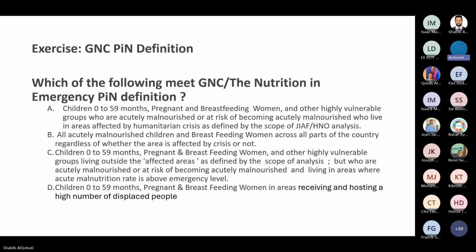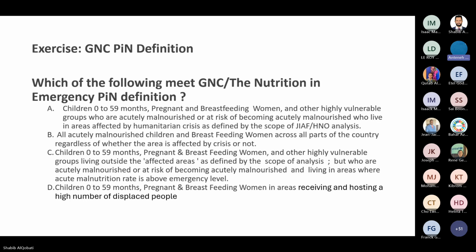So we cannot say, you know, we have 5 million acutely malnourished children in a certain country, and that can be the PIN for nutrition needs, whether or not some of the admin areas are outside the affected area and their GAM is, let's say, below emergency level.